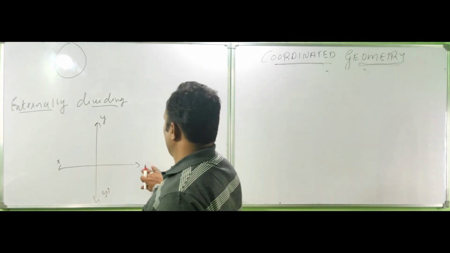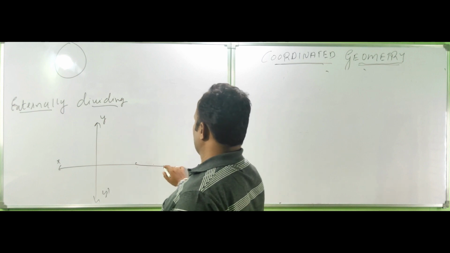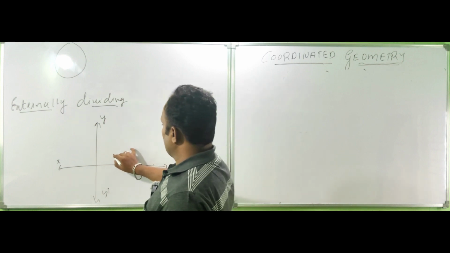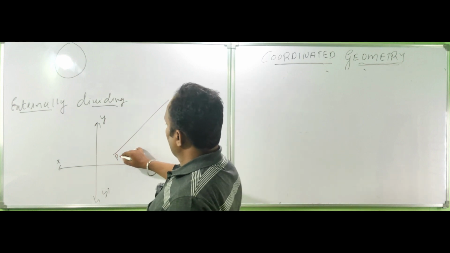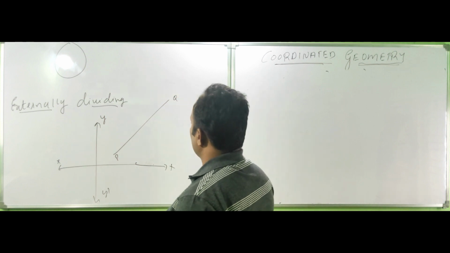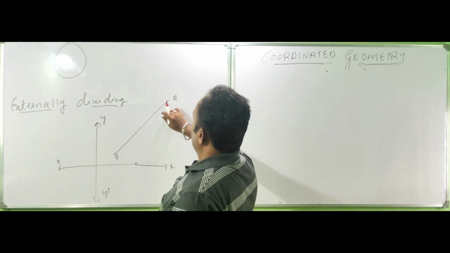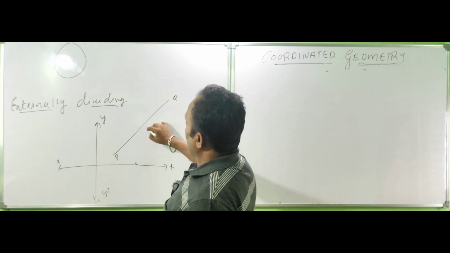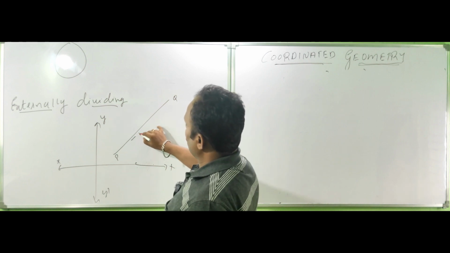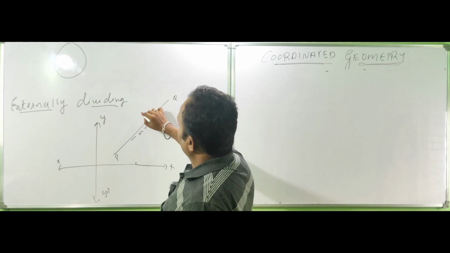The line is dividing externally, means let us take here the line P and Q. This is the m ratio. Again, the same line, somewhere else.